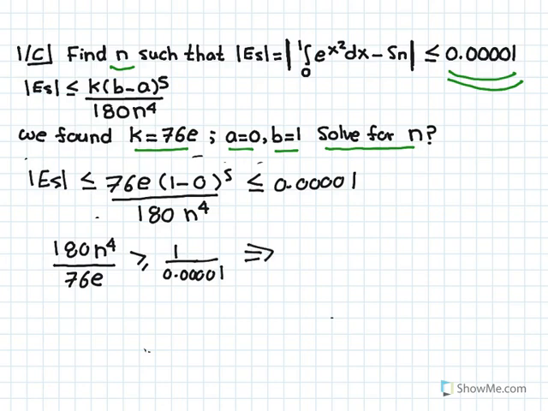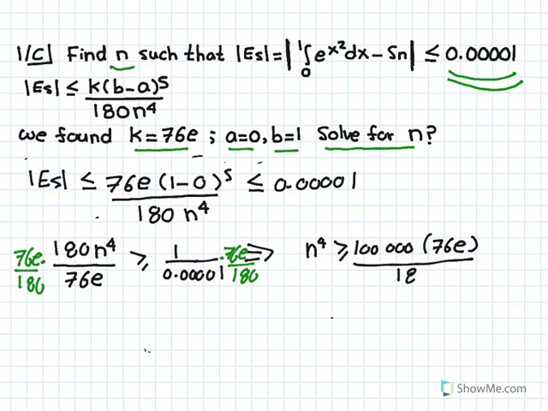Now let's multiply by 76e and divide by 180 on both sides, and we're going to get n to the fourth is larger or equal to 100,000 times 76e divided by 180. If we plug that into a calculator, we're going to get n to the fourth larger or equal to 114,771.9.